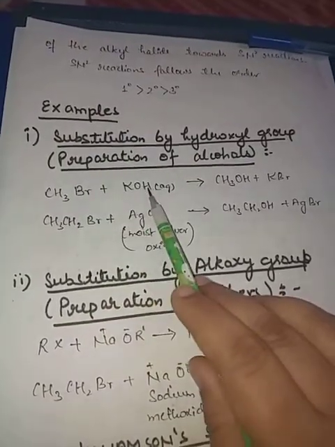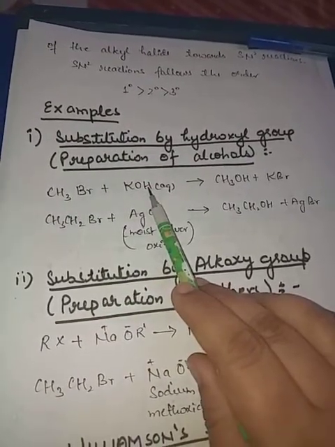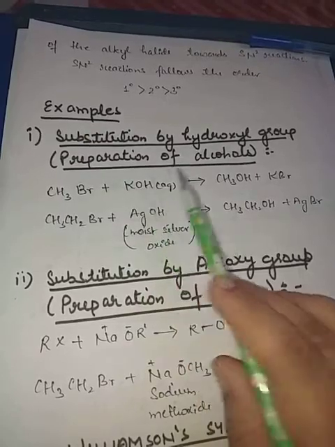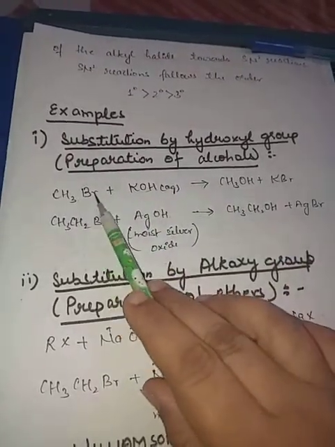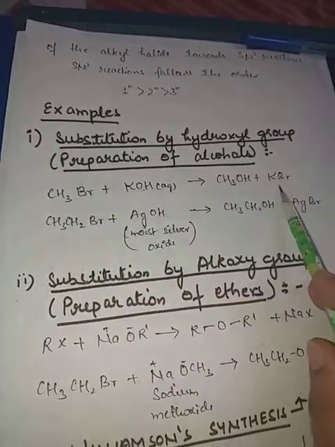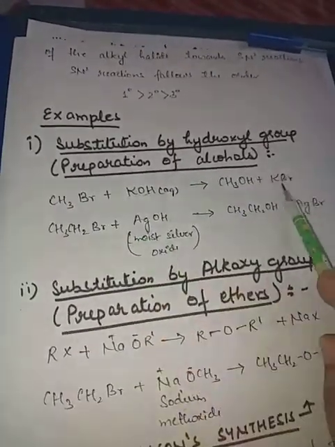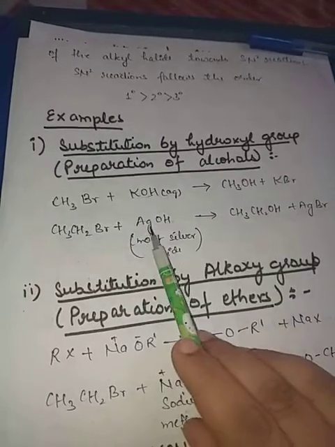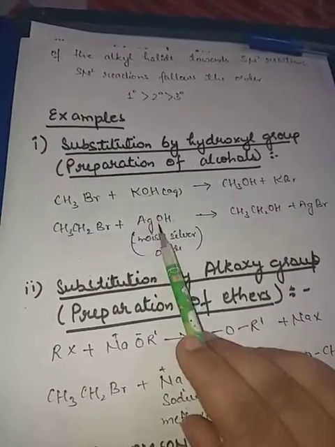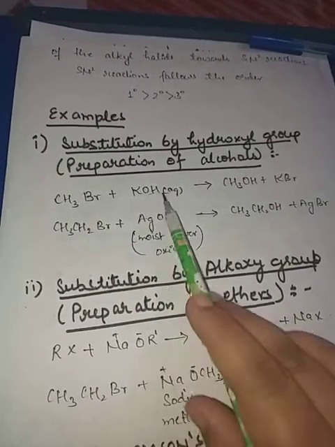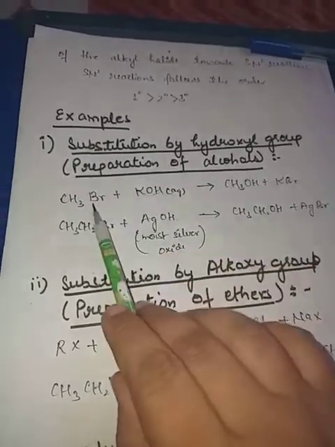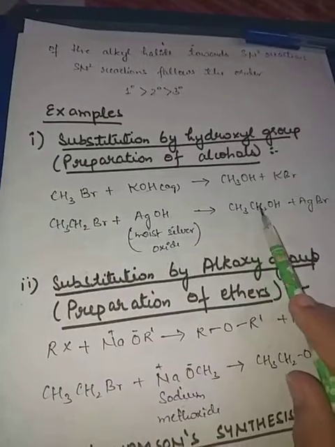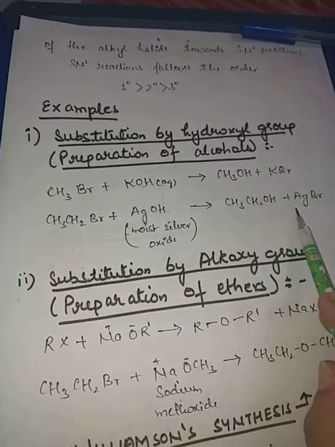Then CH3Br will combine with aqueous KOH, and it will form CH3OH. This OH will be attached here, and Br and K will combine to form KBr. If AgOH, moist silver oxide, is taken, then we will get CH3CH2OH along with the formation of AgBr. These two can be used for preparation of alcohols from haloalkanes.